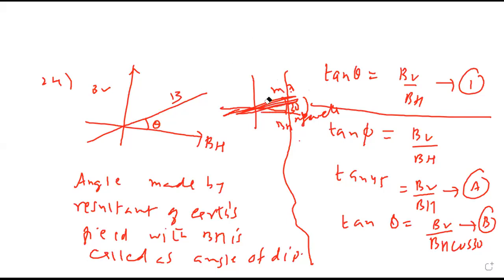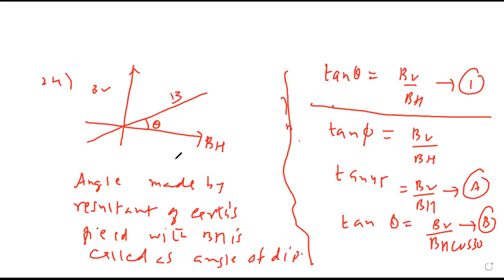We just substituted the original value. Which original value? First, angle of dip is BV upon BH, which is the original, but that is possible only if it is in the direction of magnetic meridian.